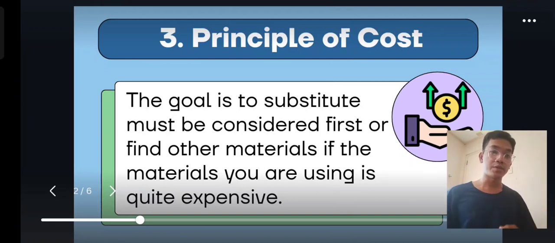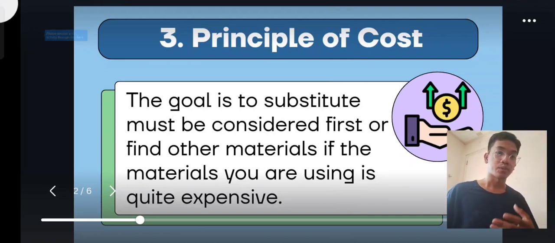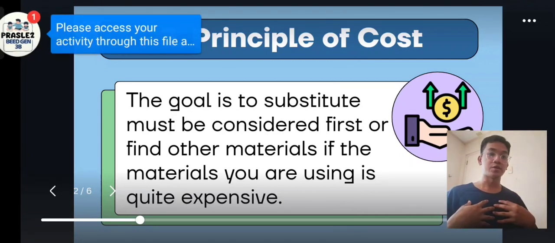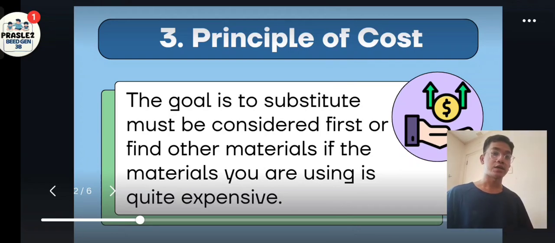Because whenever the students get curious about those materials and they're planning to buy it for themselves for their own reference, it might be a hassle for them because they might find out that the instructional materials you are using are expensive. So not all students can afford those kinds of things.